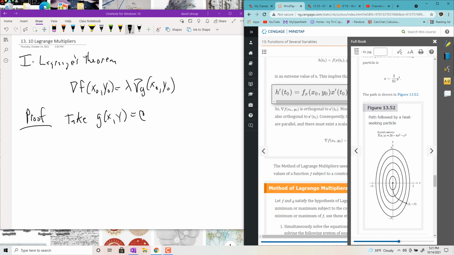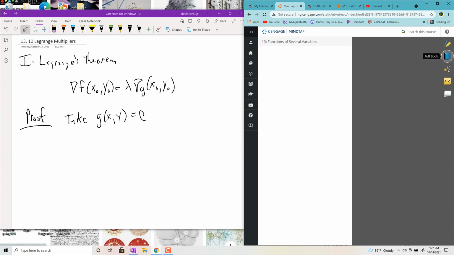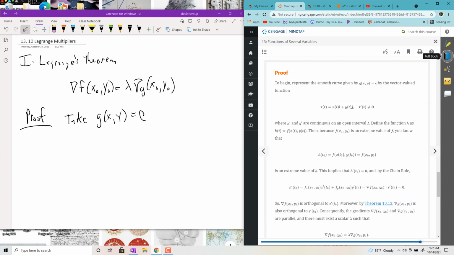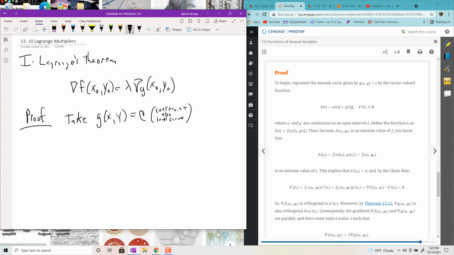It's one of these level curve things. We'll need that fact here in a second. So this is a constraint curve, but it's also a level curve. Represent it with a vector valued function. So we'll call it r of t equals x of t comma y of t.